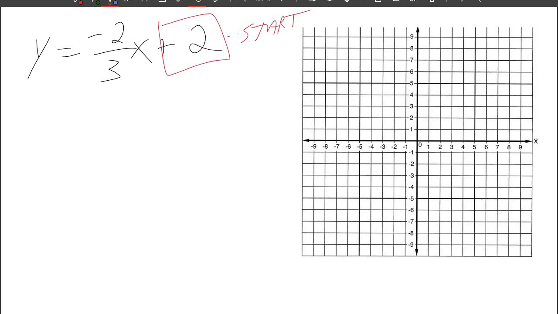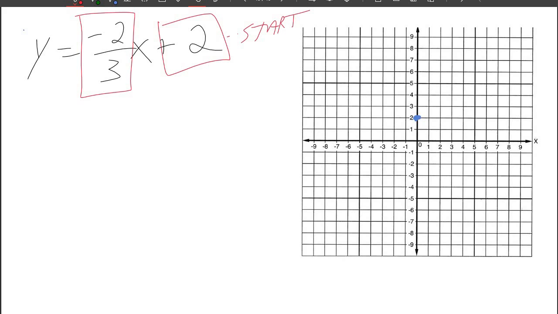It's hard to make a spot here. All right, I'm going to put a point on the positive 2.